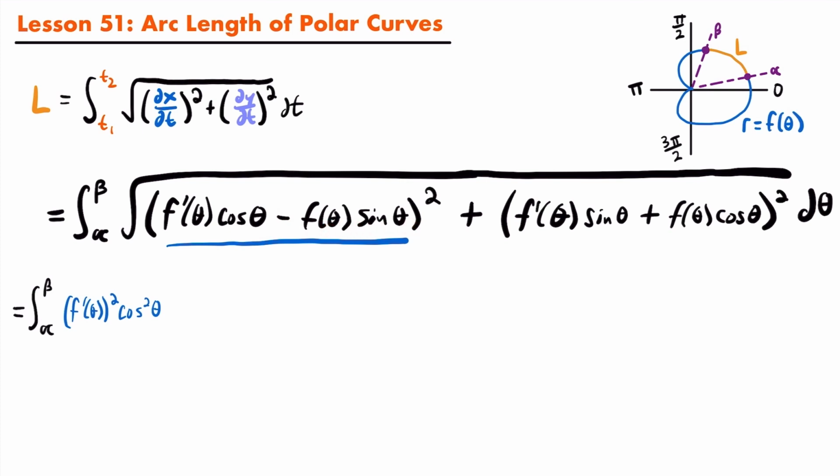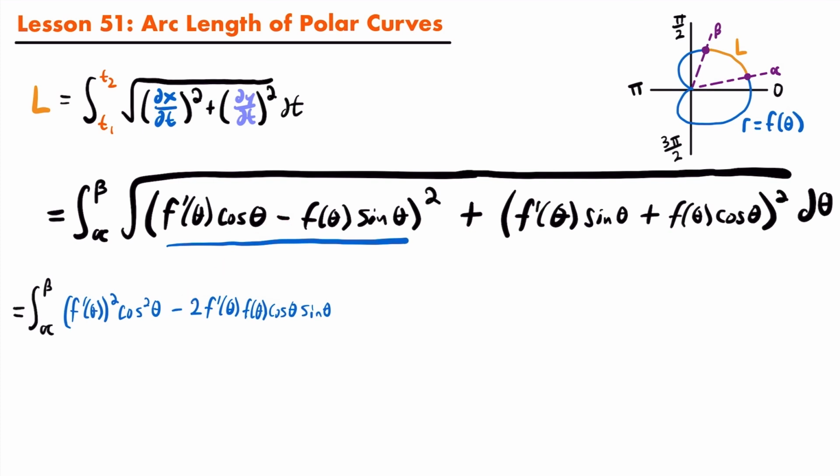All right, so we're going to have minus 2, remember we need to multiply it by 2, f prime of theta times f of theta times cosine theta times sine theta. All right, so we have all 4 parts here, and we're multiplying it by 2. F prime of theta is here, f of theta is here, cosine theta is here, and sine theta is there. And of course, we also have the negative sign.